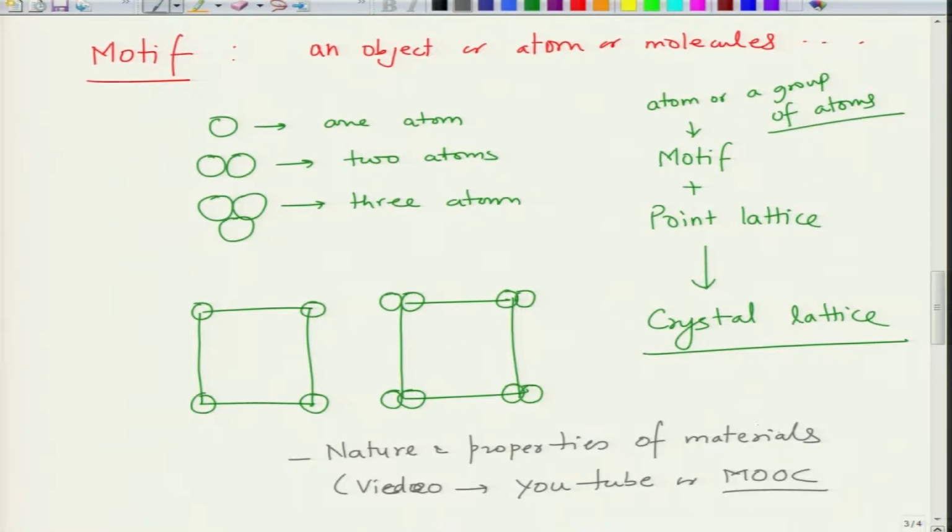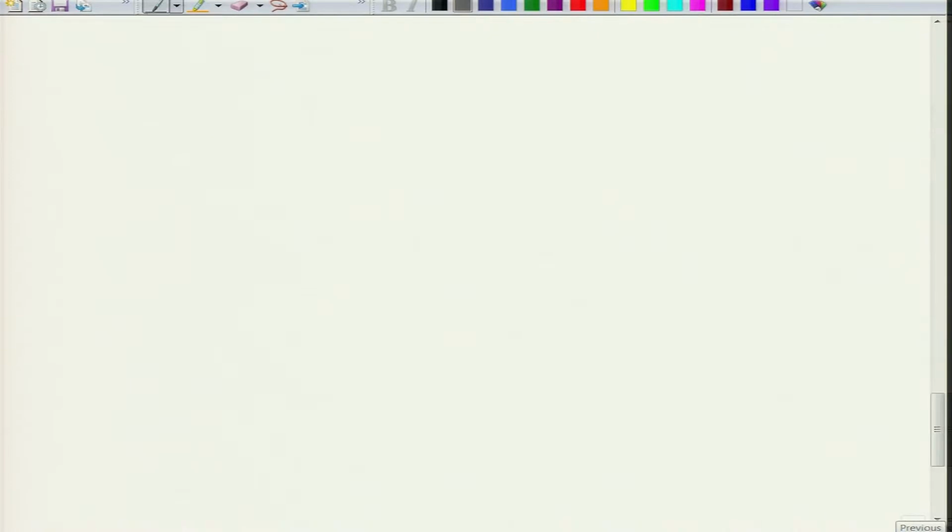This is basically structure of materials, a course in which I have discussed what is the meaning of motif in a very detailed manner.